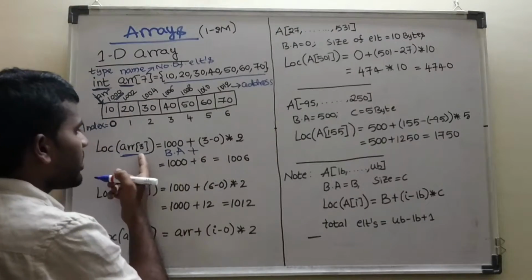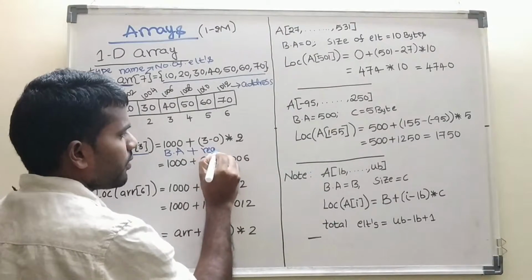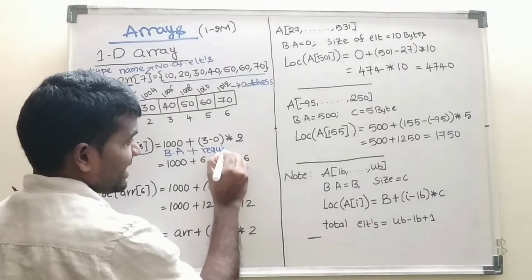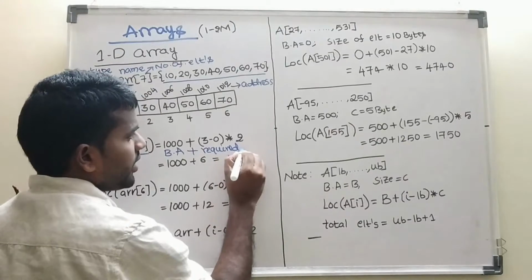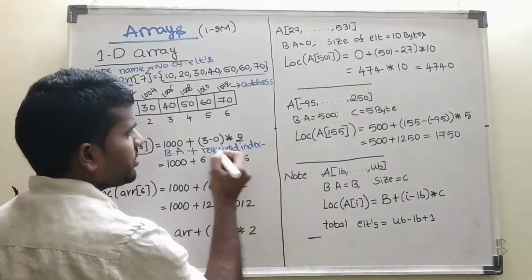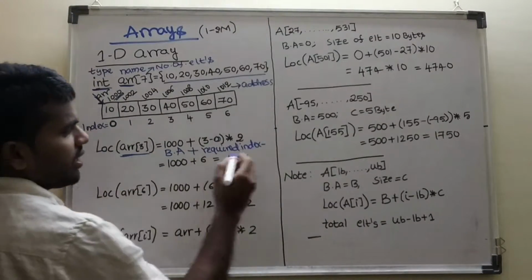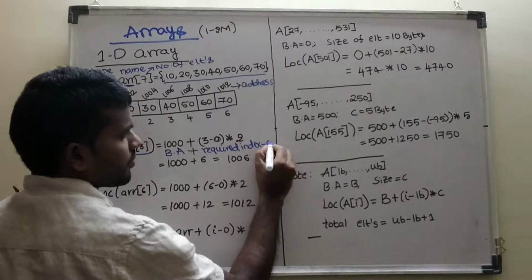What is the required index? The required index is 3. Required index minus the starting index.